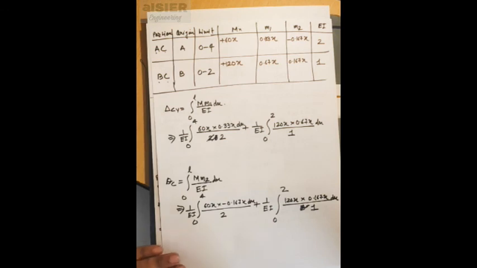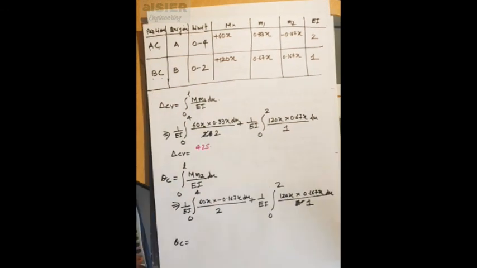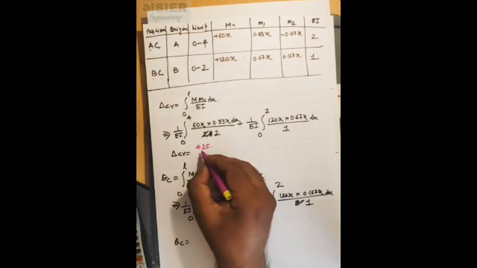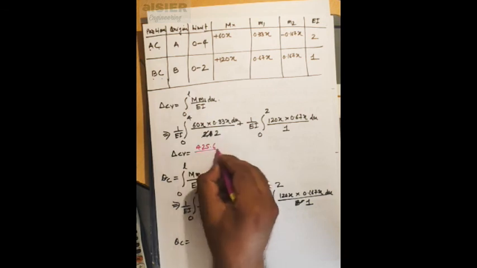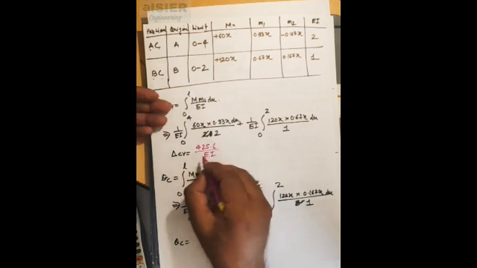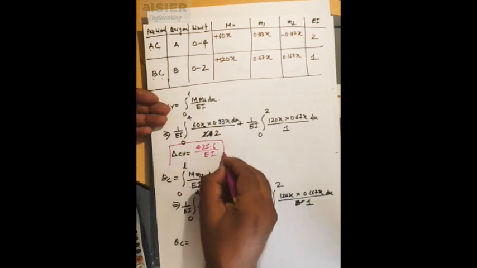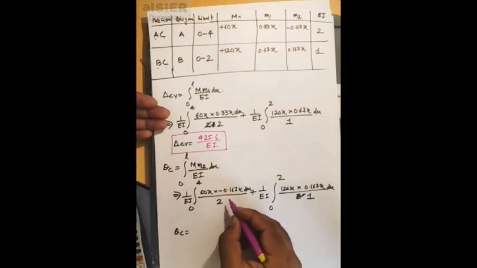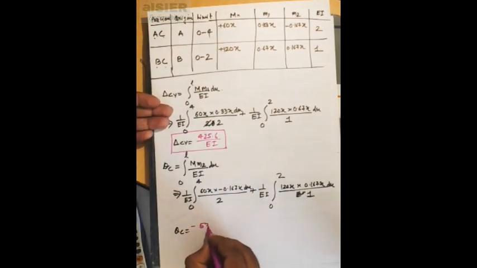So now I will calculate the answer for this. So answers are 425.6 upon EI and minus 53.44 upon EI. Thank you.